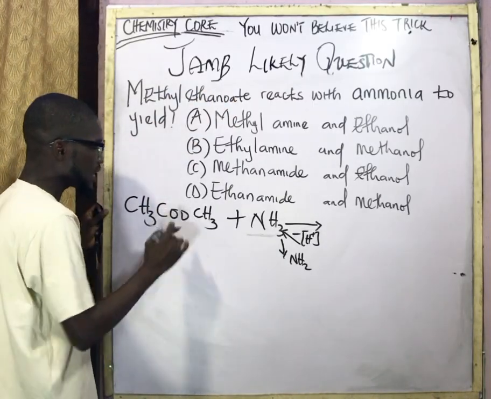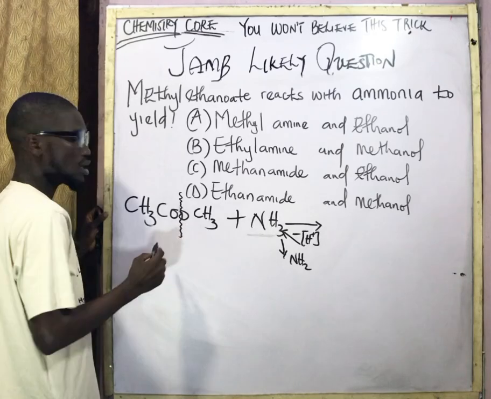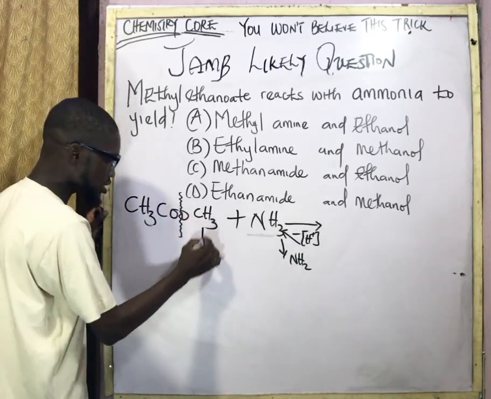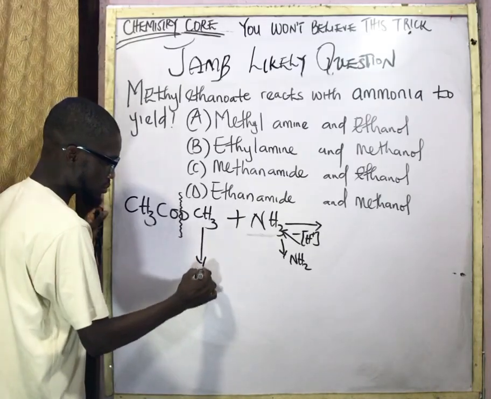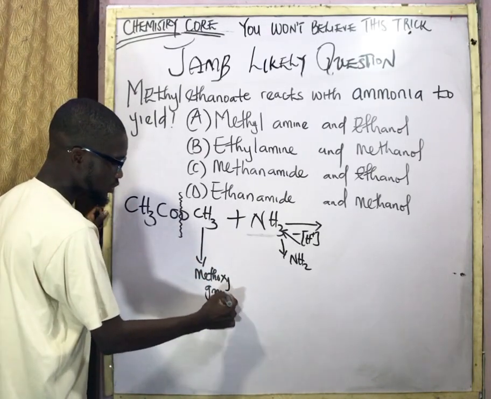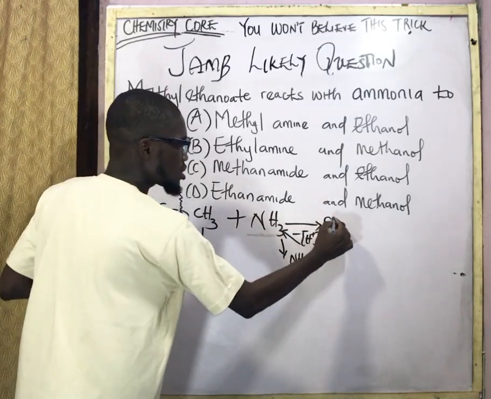And if you have to remove the alkoxy, that means you are going to remove this methoxy group. So for this, we'll call this the methoxy group. And if you remove this, we are left with what?